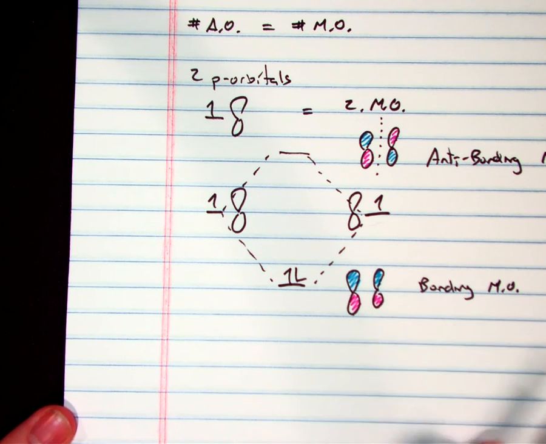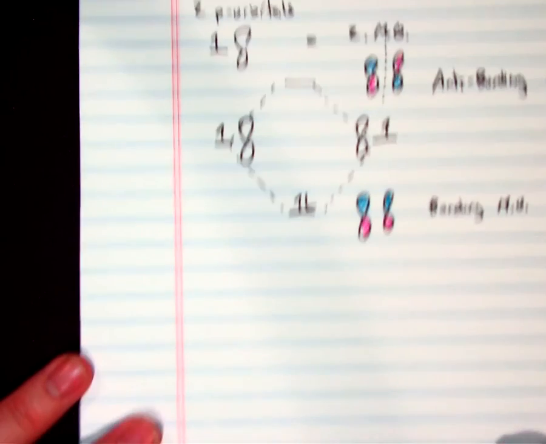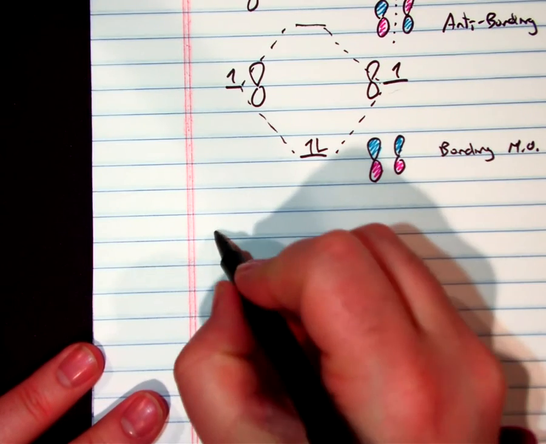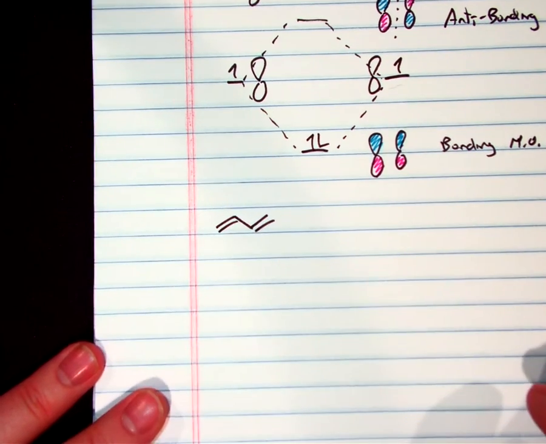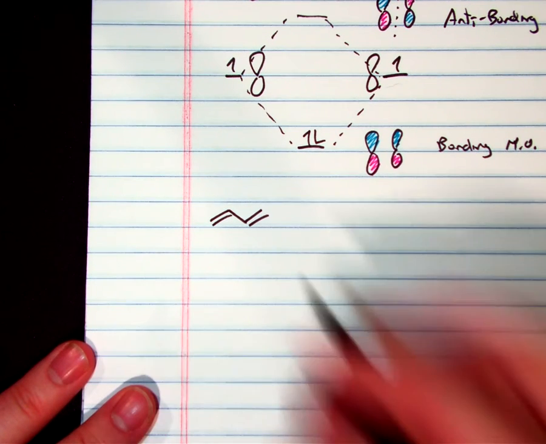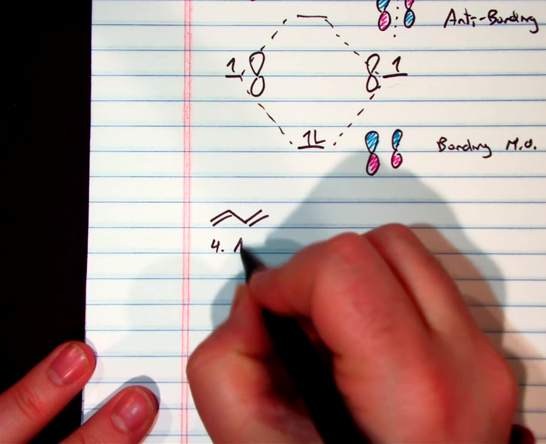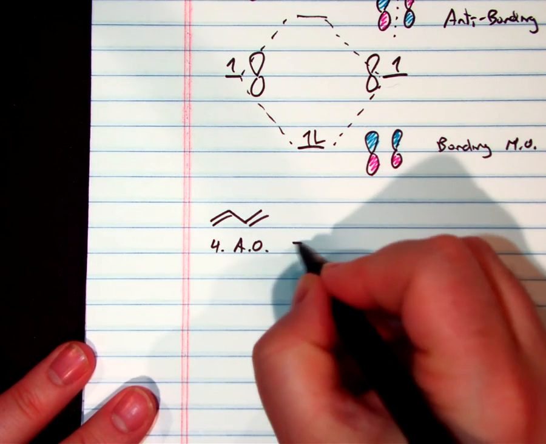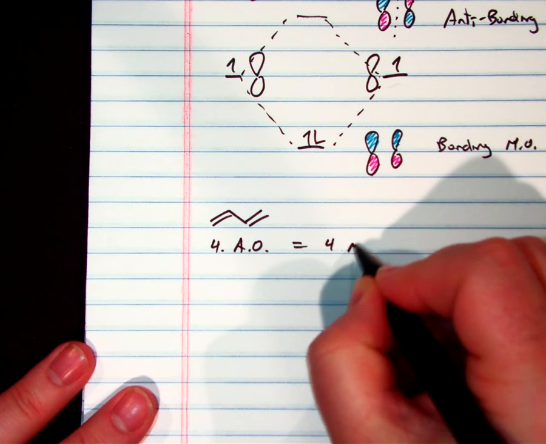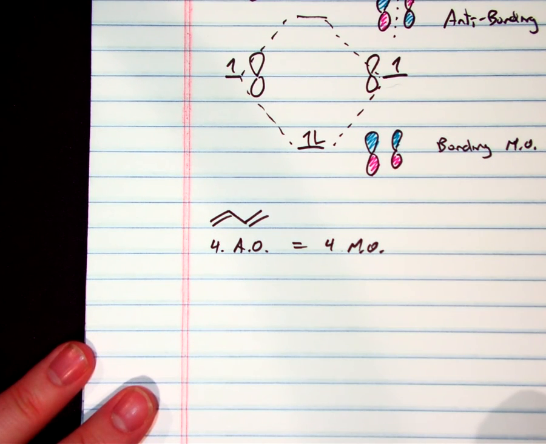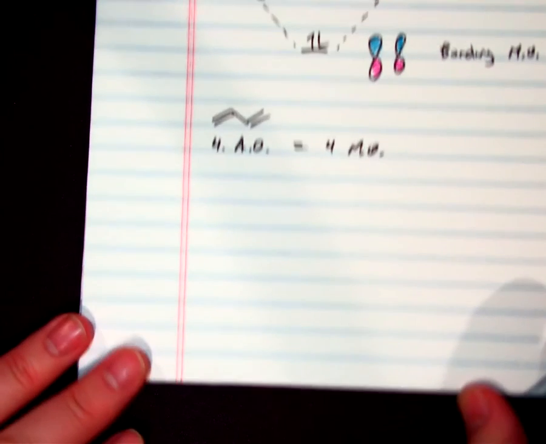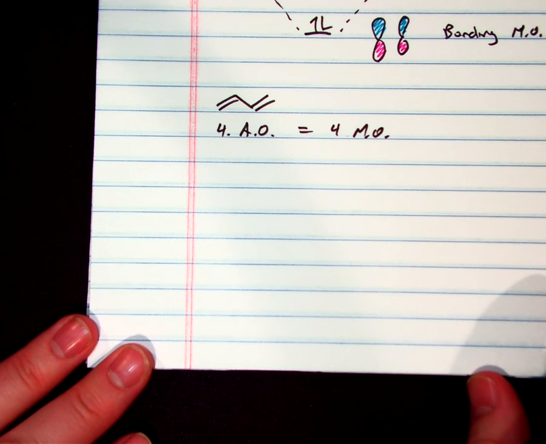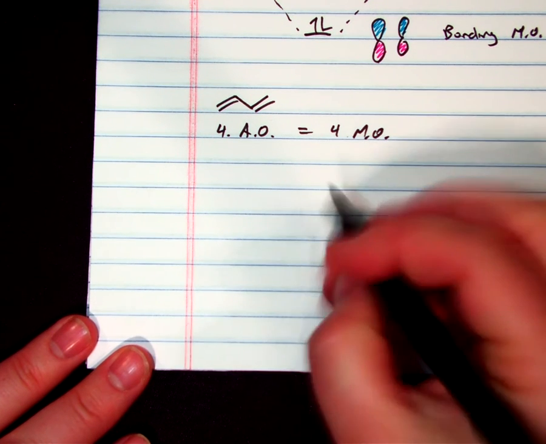So if we expand this to a larger system, such as butadiene, in the case of butadiene, we have 4 atomic orbitals. So that means we're going to have 4 molecular orbitals. And if we wanted to, we could try to figure out what those different molecular orbitals are going to look like.